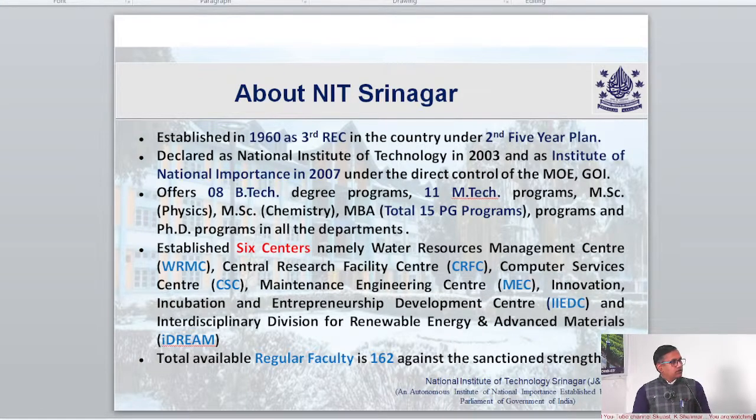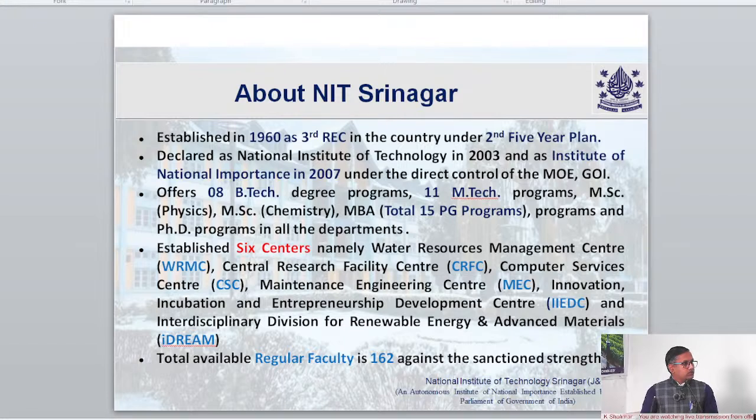It is a centrally funded institute, and we have 8 BTech programs, the UG programs in engineering, and 11 MTech programs, as well as MSc in physics, mathematics, and chemistry. Along with that, we have research organizations like centers of excellence.